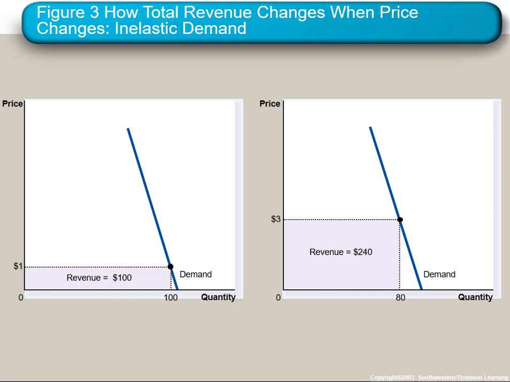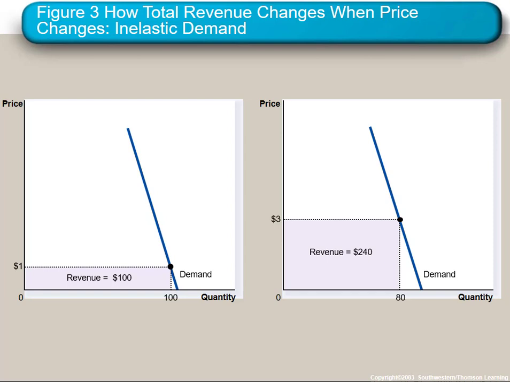And if you think about it from a company standpoint, that's really valuable information, because if their costs are driven by the number of units they're producing, which is typically the case, then they can bring in more money and actually reduce their costs by increasing their price and reducing the number of customers they serve.